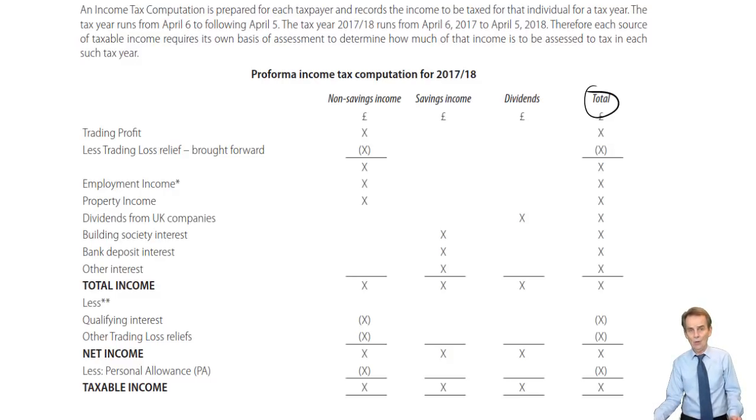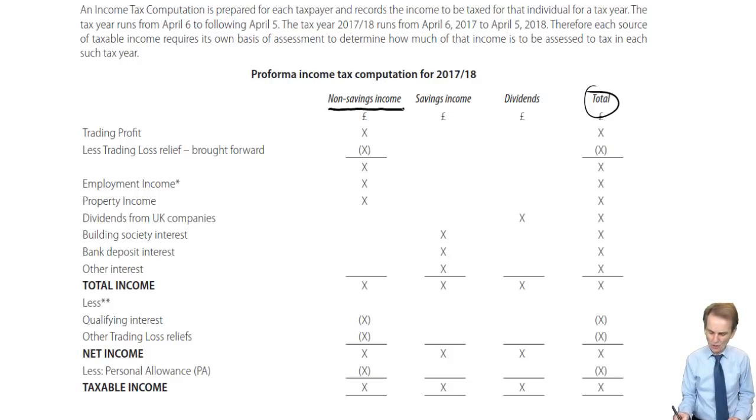It doesn't matter. What does matter is the order in which you list out, according to, of course, what is relevant in your particular exam question, these analysis columns. Very important that from left to right, you get them in this order. As we've just mentioned, non-savings income. Now that is everything other than the two we've very specifically defined.